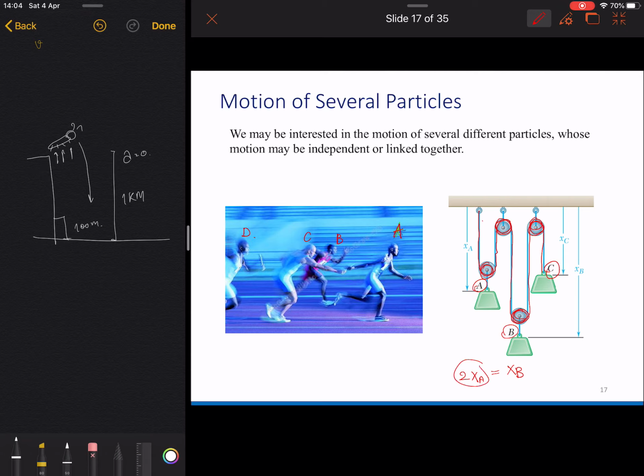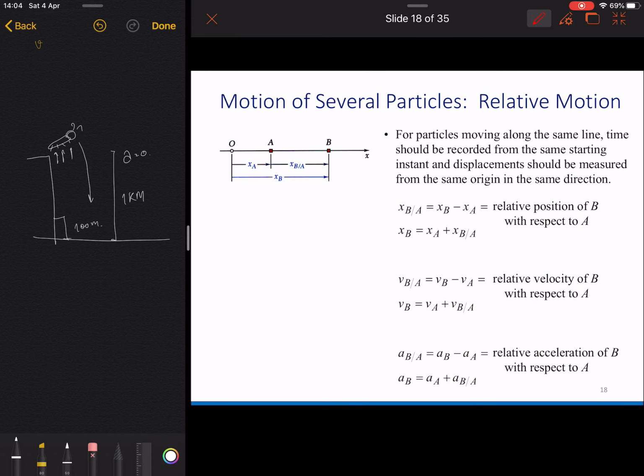The reason is there are 2 cables here, and when you pull this down, this is lifted up only a little bit, but here it is moving 2 times as much. You can try to use, for example, a chopstick and a rope to confirm this, also possible, right? And next, for motion of several particles, relative motions.